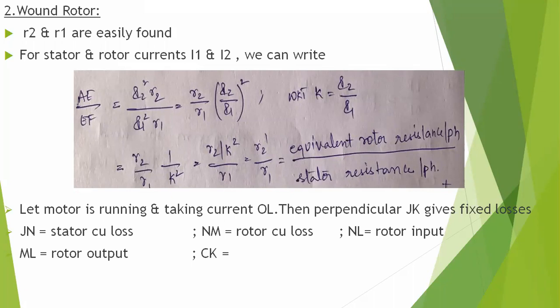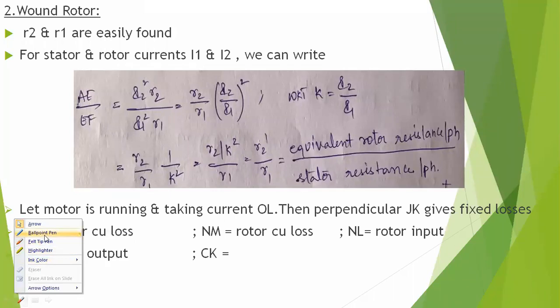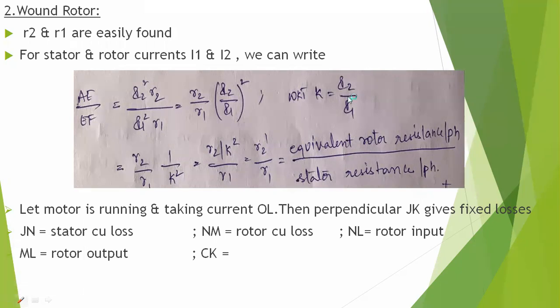So I1 by I2 is nothing but K. Okay, here was a mistake, this is not correct. K is equal to I1 by I2.